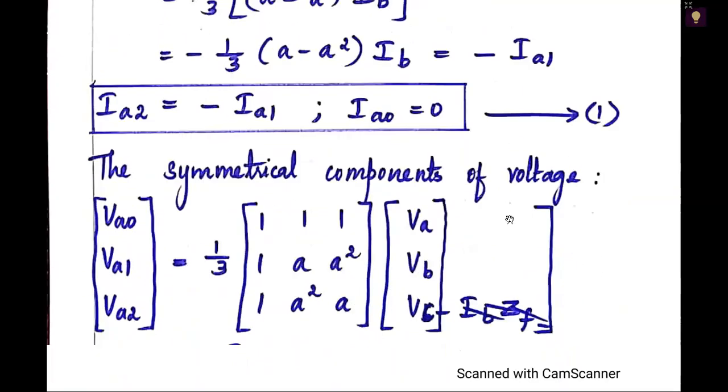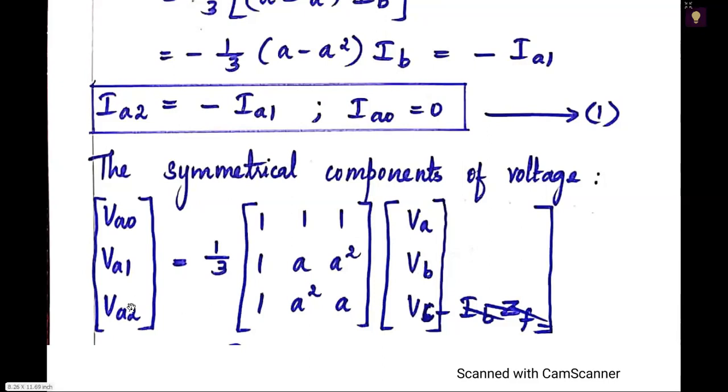Now the symmetrical components of voltage in terms of the voltage phasors are given as VA0, VA1, VA2 is equal to 1 by 3 into A matrix into VA, VB, VC. Now VA1 equals 1 by 3 into VA plus A VB plus A square VC.